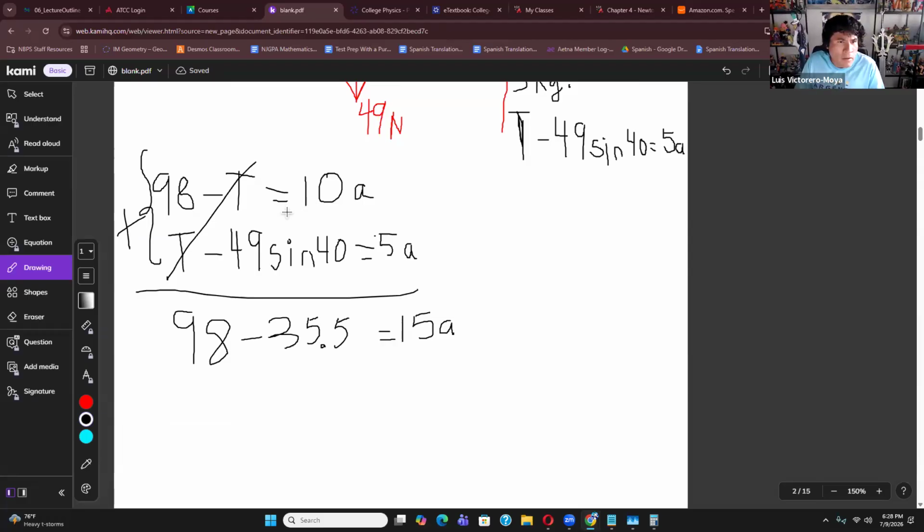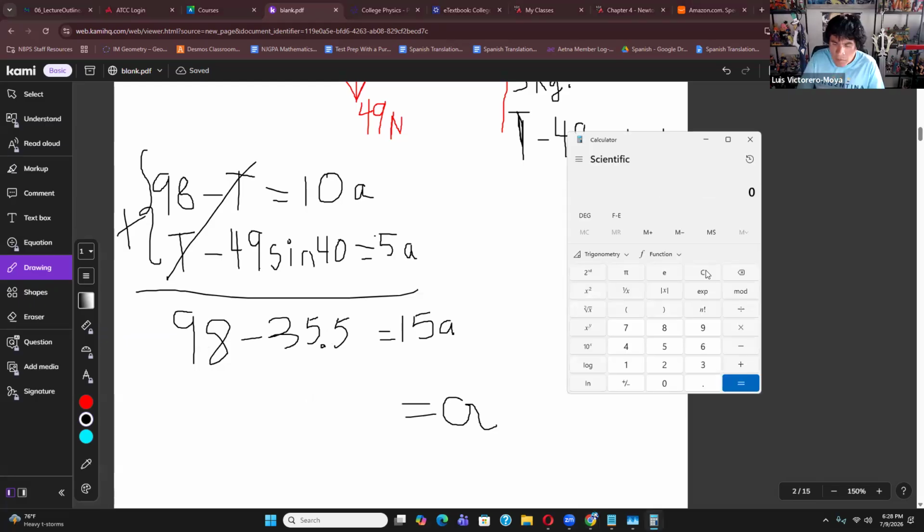Like, we're talking about like 54, right? Is that what you guys got for tension? Because the acceleration is this minus this. That's about 60 or 50 something. Divide by 15. Well, 4.2.